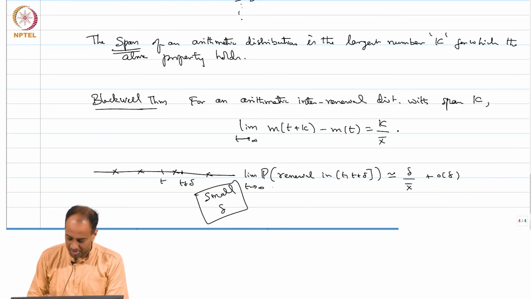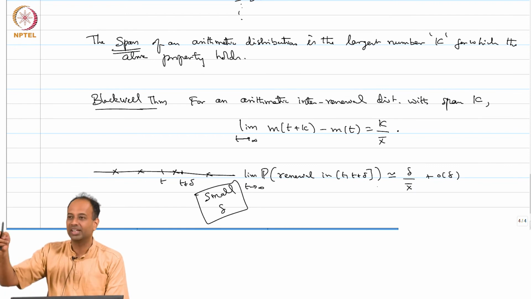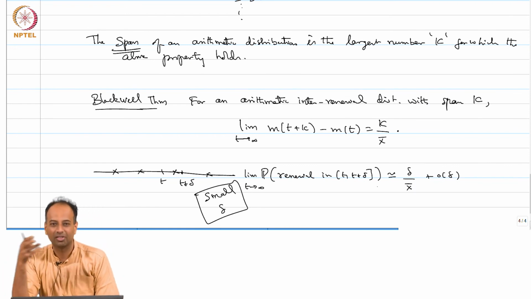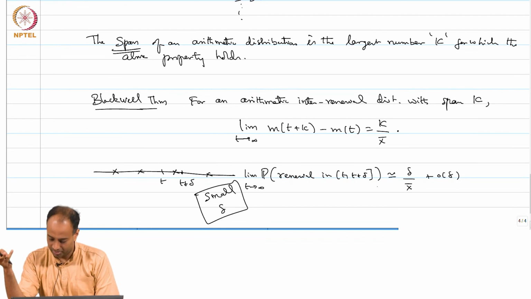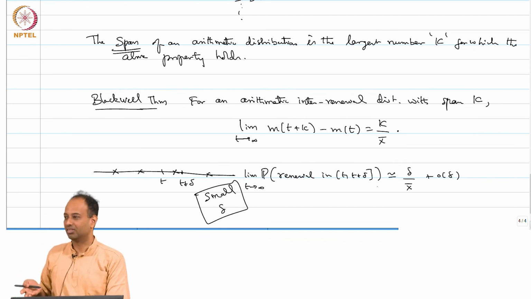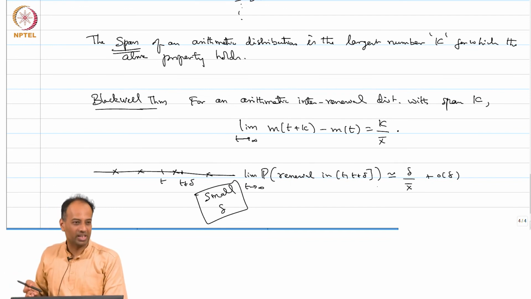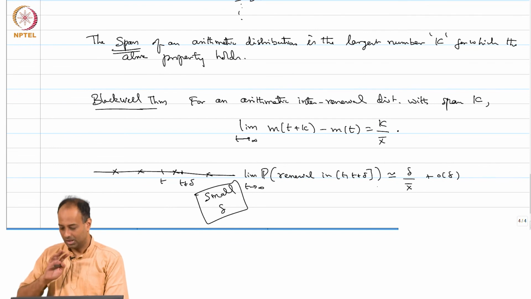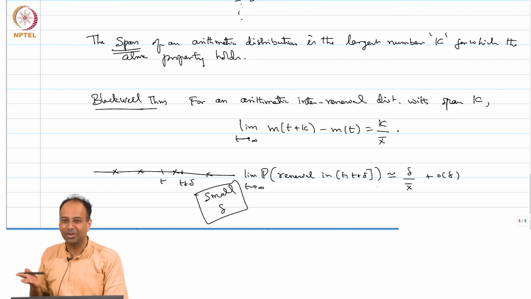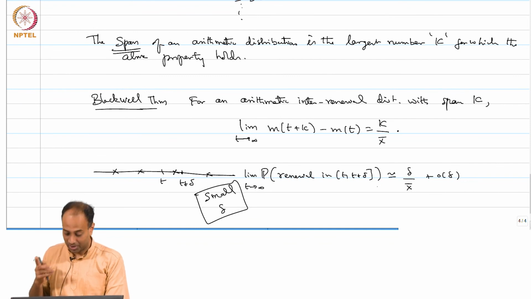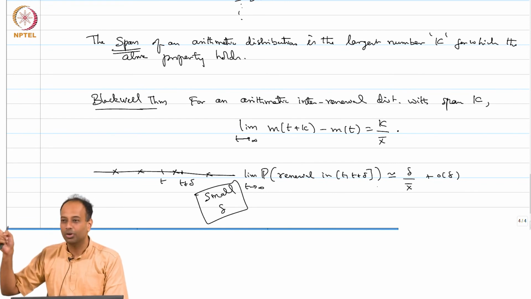So, the probability of renewal in t, t plus delta is essentially like the expectation of N(t plus delta) minus N(t), which is like lambda delta, where lambda is 1 over x bar. We are saying this is somewhat like a Poisson process, but what is the key difference? The first key difference is that this is asymptotically true, this is not true for every t.